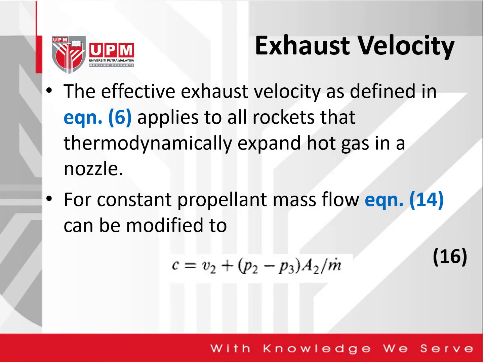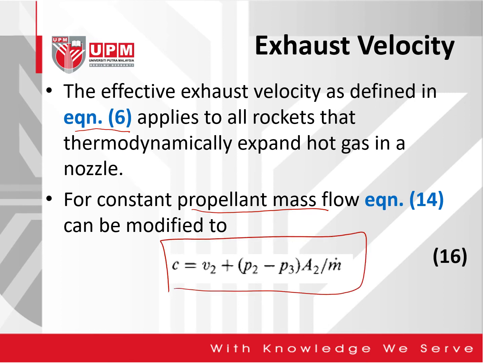The effective exhaust velocity as defined in the earlier equation, equation 6, applies to all rockets that thermodynamically expand hot gas in a nozzle. For constant propellant mass flow, equation 14 can be modified to the following expression, equation 16.